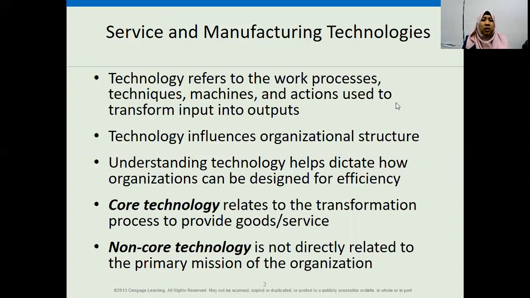And when we're talking about work processes and techniques, for example in Japan itself, the technique they use is JIT, just in time.